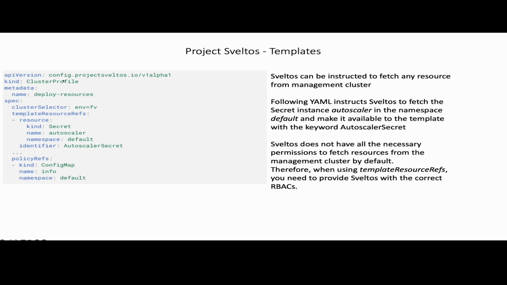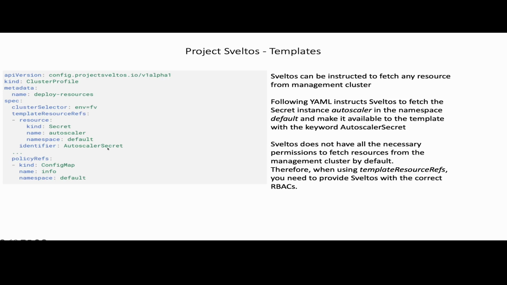In this example, I'm asking Sveltos to deploy the content of this config map, which is in the default namespace and called info. But before Sveltos does that, I want Sveltos to fetch this secret, which is present in the management cluster in the default namespace and is called autoscaler. And I want to identify this resource as autoscaler secret.